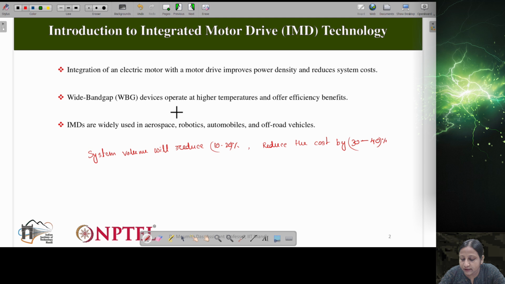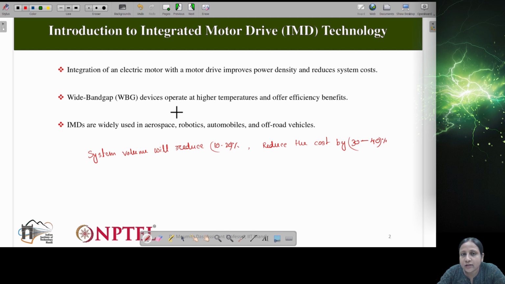And the thing is that when wide bandgap devices are used in an application such as integrated motor drive, then it will be able to operate at much higher temperature. In motor applications, it is very important to choose a system which is able to sustain high temperature, because the temperature generated from the motor will be much higher than in the power electronics converter.